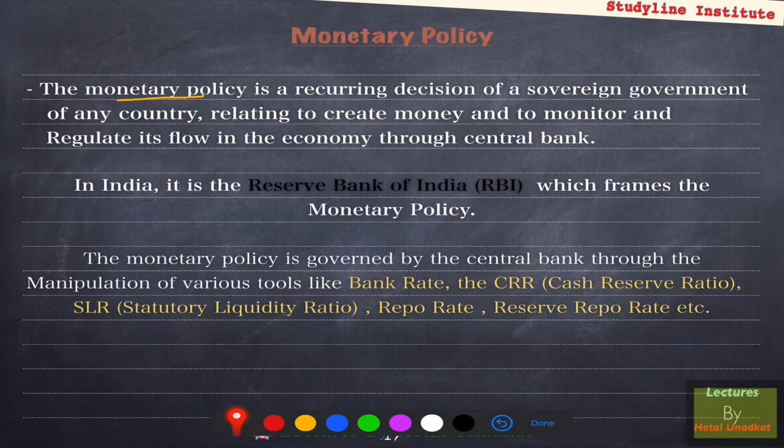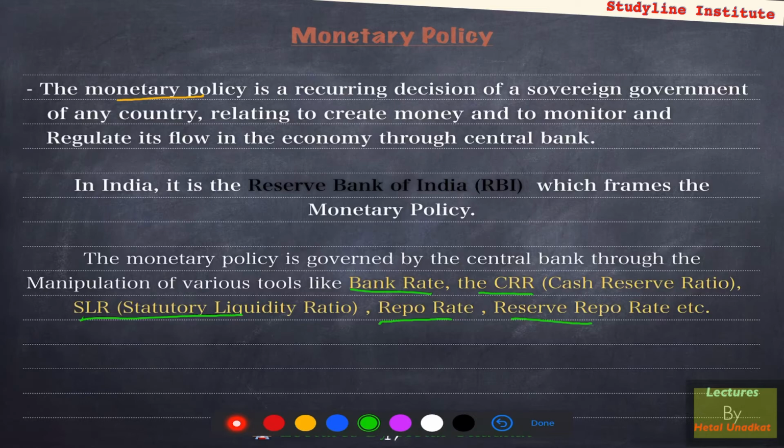Now the question arises, if the government monitors the money, how will it monitor? Monitor कैसे करेंगे government? The government has certain equipments, tools है government के पास, through which the government will monitor this monetary policy. Like यहाँ पे दिया है the bank rate, the CRR, cash reserve ratio, SLR, statutory liquidity ratio, repo rate, reverse repo rate, etc. We are going to understand this in detail further.